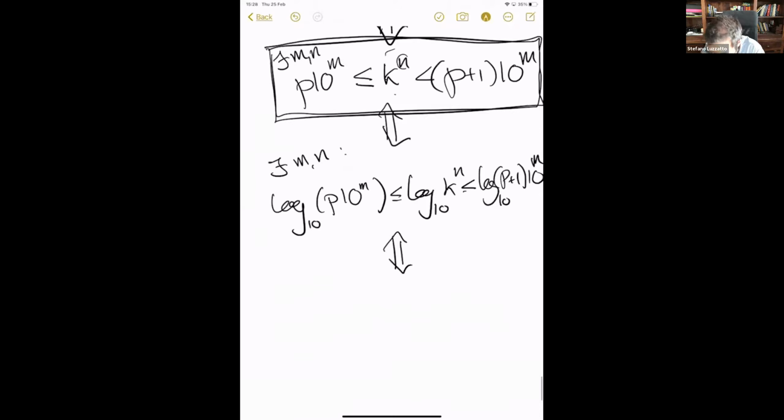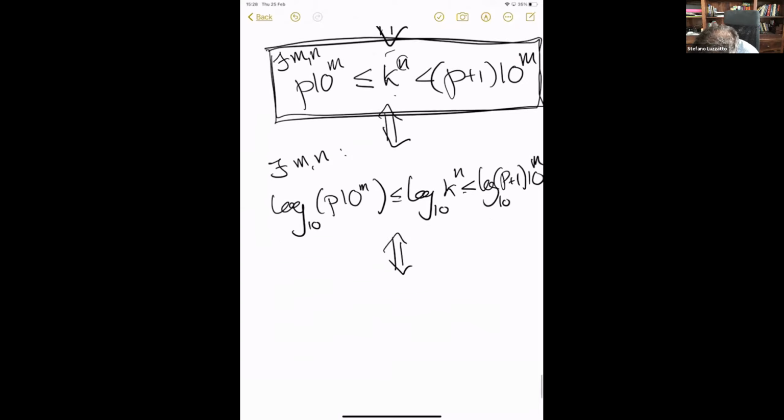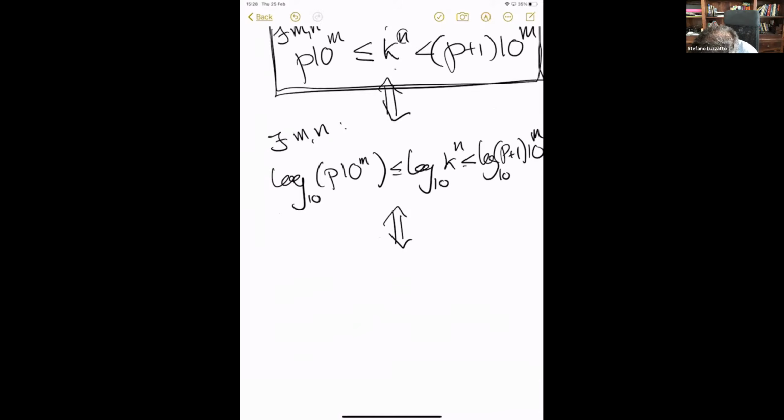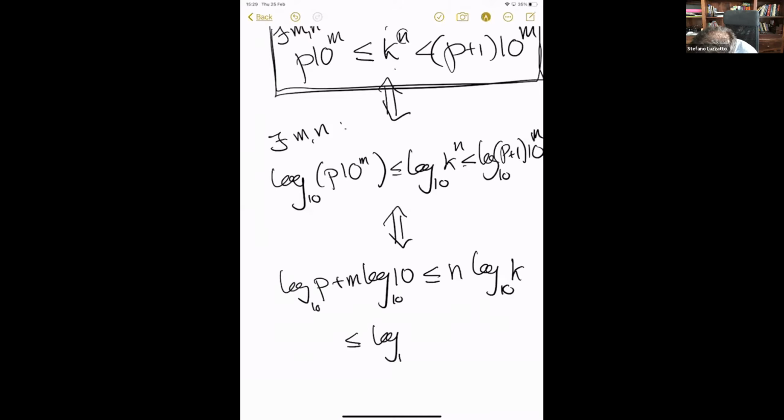And now when we take log base 10, what does this mean? This is log base 10 of P plus M log base 10 of 10, less than or equal to N log base 10 of K, less than or equal to log base 10 of P plus 1 plus M log base 10 of 10.